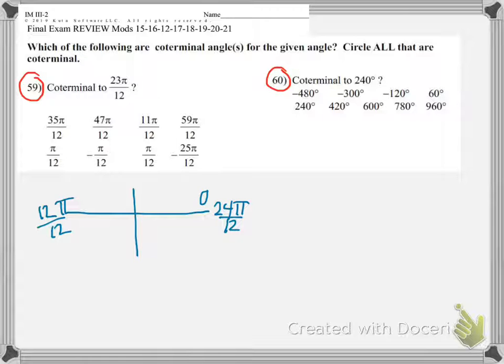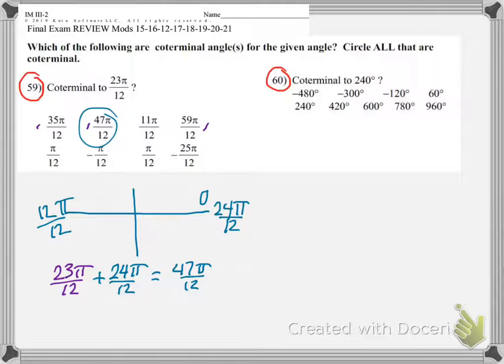So I start with the one that they give me, 23 pi over 12. And I'm going to say, are there any there that are bigger than 23 on top? This one, this one, this one. Those are bigger. So I will say, take that, add a full circle, which means add 2 pi. And 23 plus 24 makes 47 pi over 12.